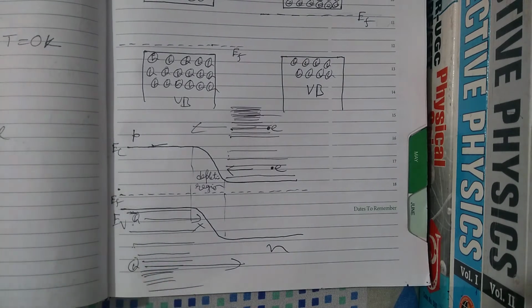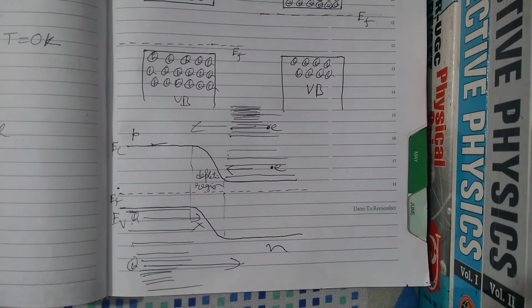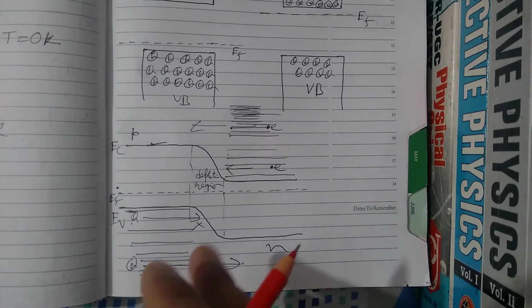The distance between the energy levels is big. When n is high, that is at higher energy levels, they gradually become very closely packed.